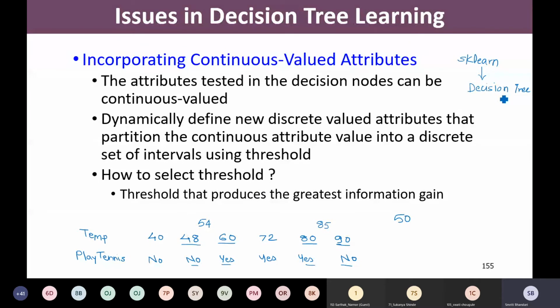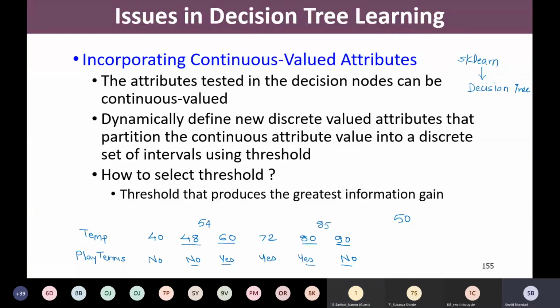Internally, it converts the continuous values into discrete values and then those are used for building the decision tree. So why am I explaining all this, even though machine learning libraries are available and help us implement these algorithms directly? We should know what is actually happening inside the algorithm, and that is why I am explaining all those details.